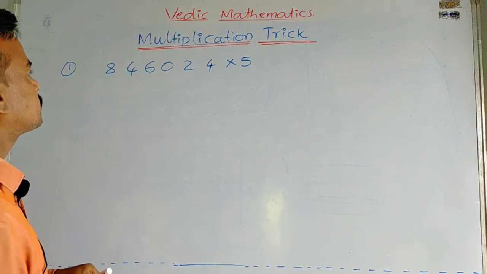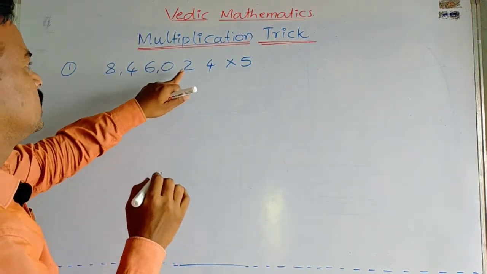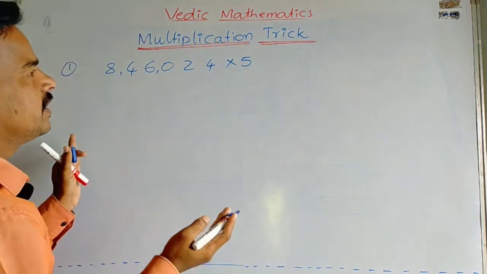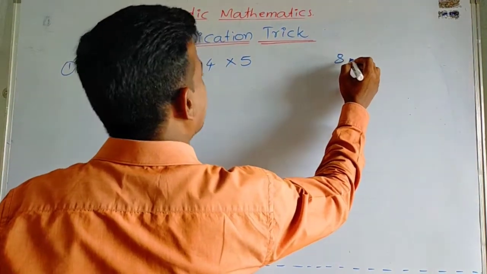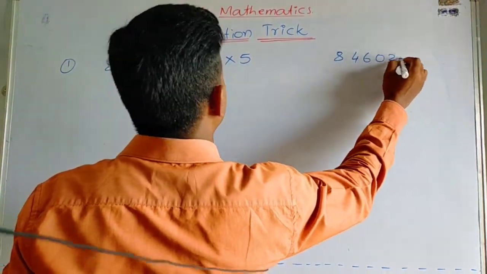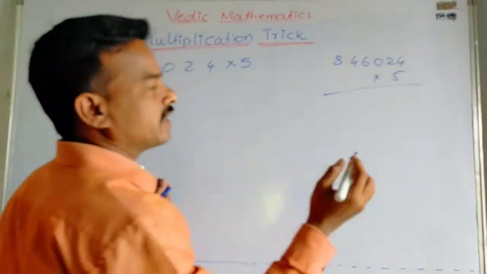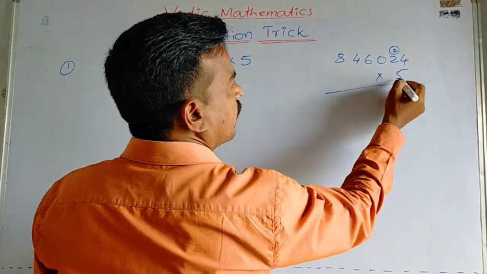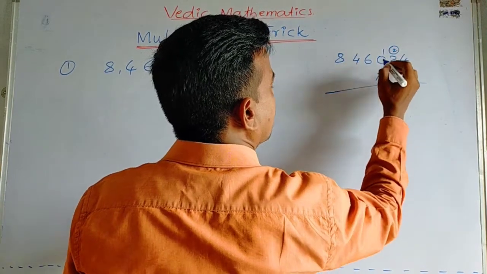8,46,024 into 5. How can we do this multiplication in the current method? In the current method, 8,46,024 into 5, like this we have to write. And next, 5 4s are 20, carry 2. 5 2s are 10 plus 2, 12, carry 1.